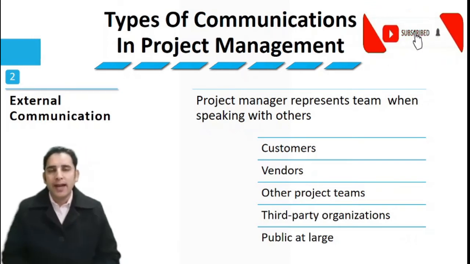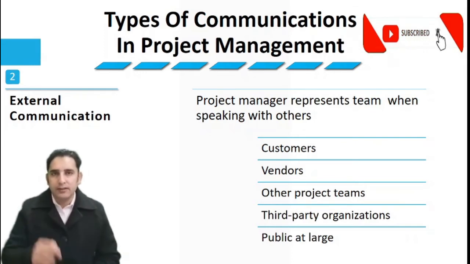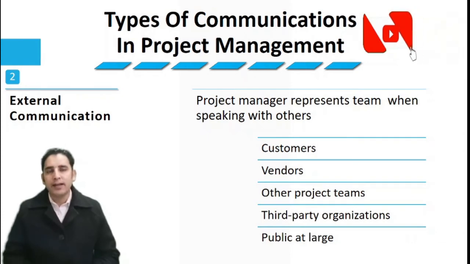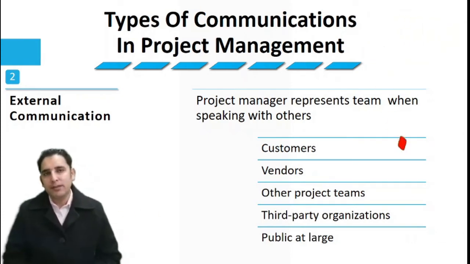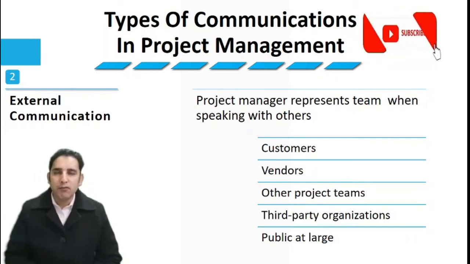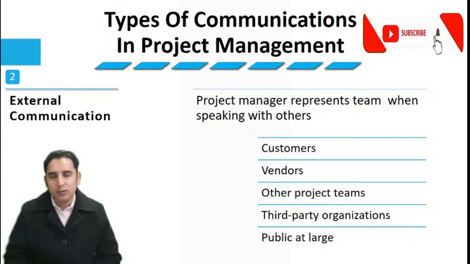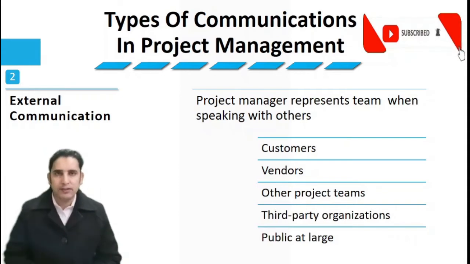So this is the time when the project manager is not interacting internally, but rather externally with all these stakeholders. The sole purpose of this communication is to get all the requirements and feedback from the external stakeholders, so that the project manager can fully understand the product he's going to develop with his team.